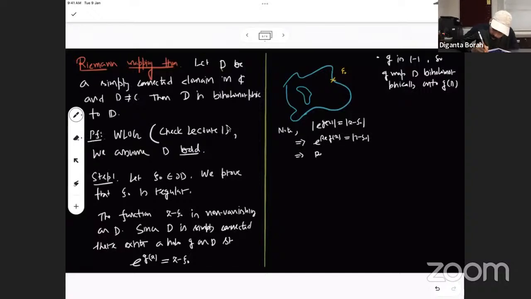So real part of g(z) is equal to log of mod of z minus zeta naught. Now you see, if z goes to zeta naught, the right hand side goes to minus infinity. So real part of g goes to minus infinity. So this domain g(D) has to be unbounded. Yes, so g(D) is unbounded.